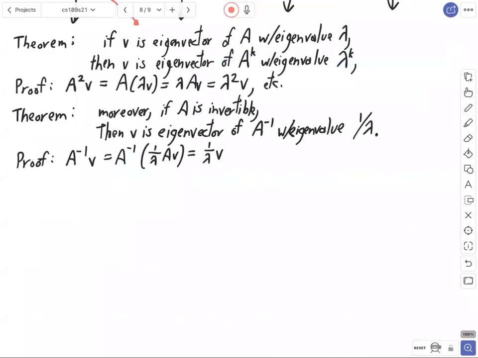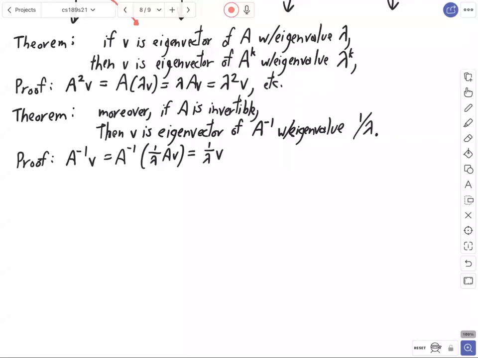All right, so to say it simply, when you invert a matrix, the eigenvectors don't change, but the eigenvalues get inverted. When you square a matrix, the eigenvectors don't change, but the eigenvalues get squared. Now, these theorems are pretty obvious.